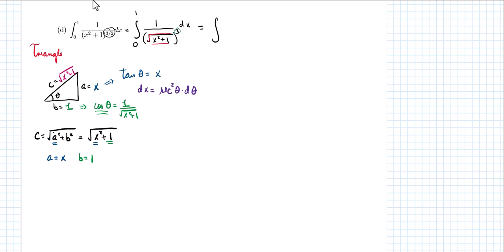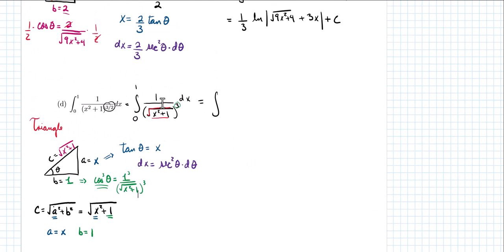So what I'm going to be doing here is cubing my cosine. If I cube the left-hand side, I also need to cube the right-hand side. So then we can rewrite the 1 over the square root of x squared plus 1 cubed simply as the cosine cubed of theta.